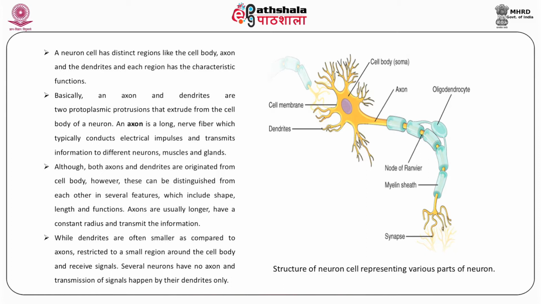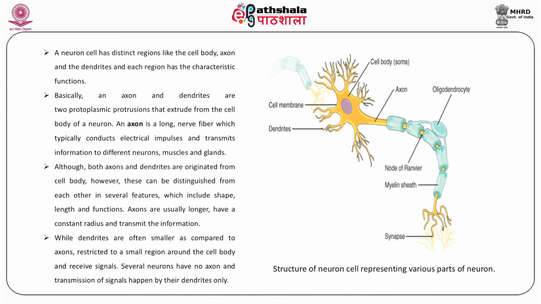An axon is a long nerve fiber which typically conducts electrical impulses and transmits information to different neurons, muscles and glands. Although axons and dendrites originate from the cell body, they can be distinguished from each other in several features which include shape, size and their functions.